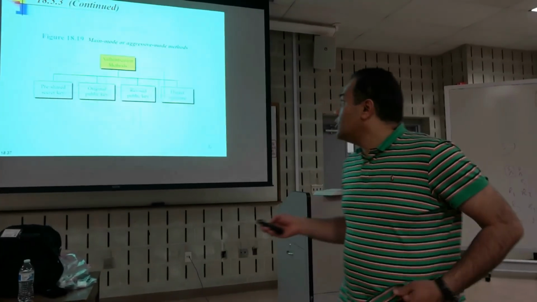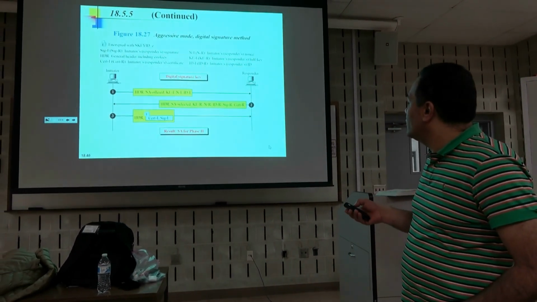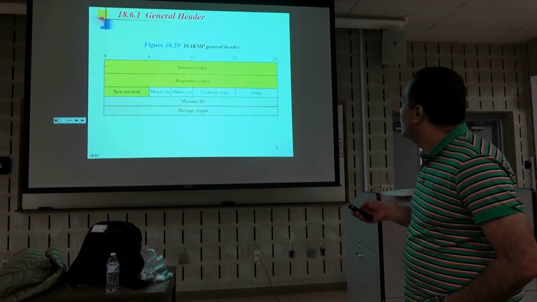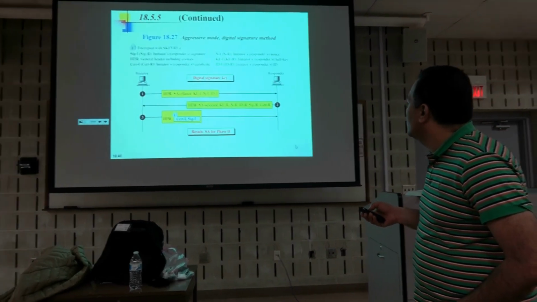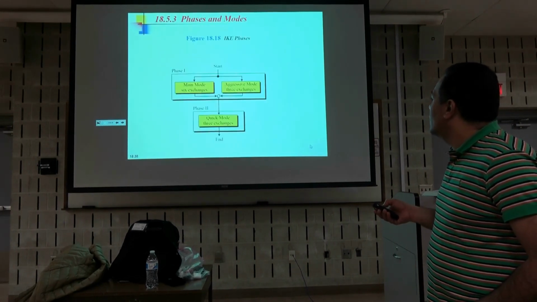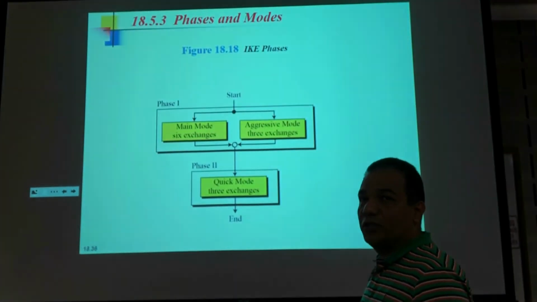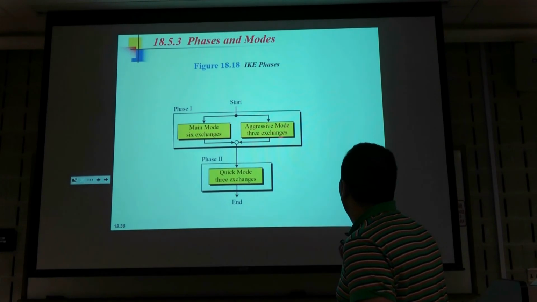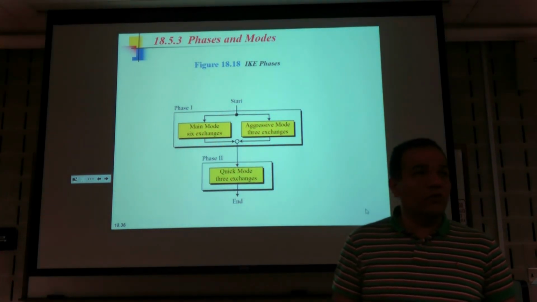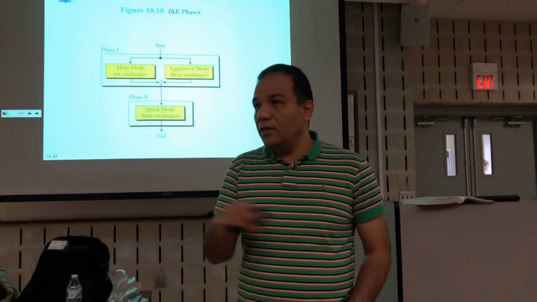Phase 1 could be main mode, which has 6 message exchanges, and aggressive mode, 3 exchanges. Then it goes to phase 2, which is 3 exchanges. All right. So that will give you security at the network layer.